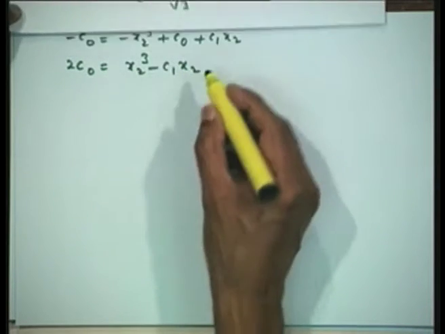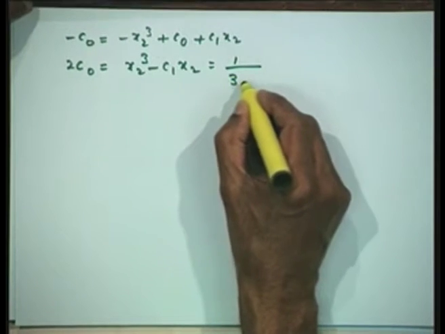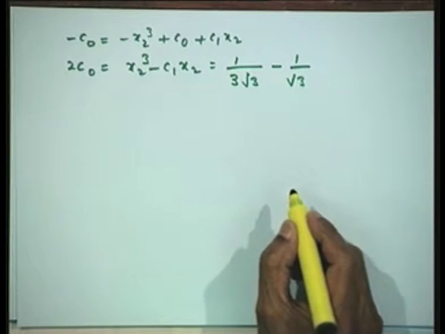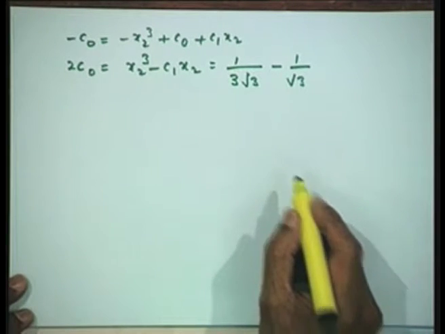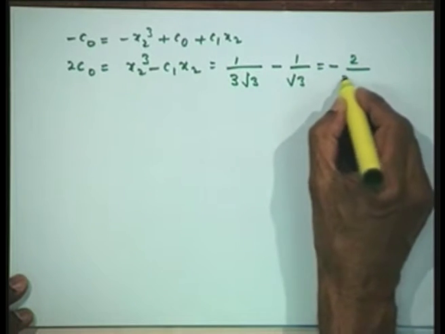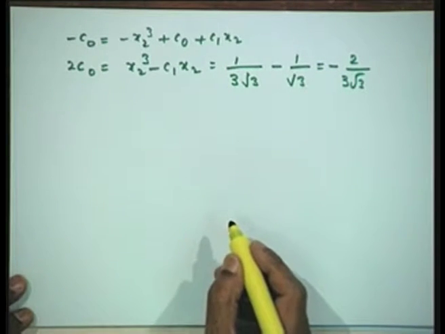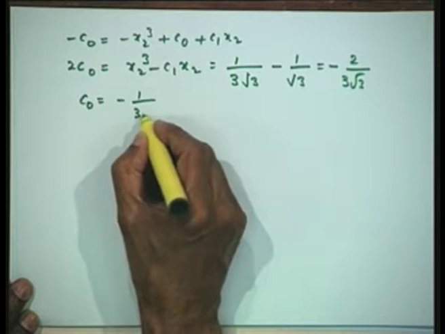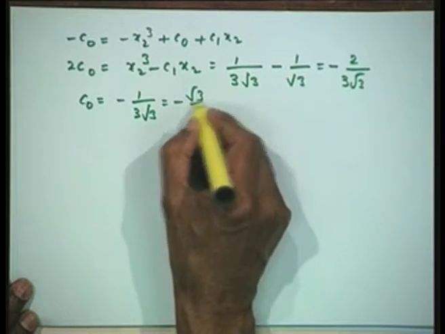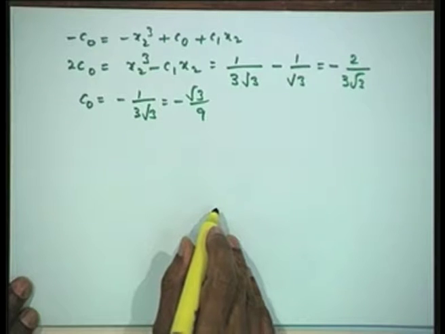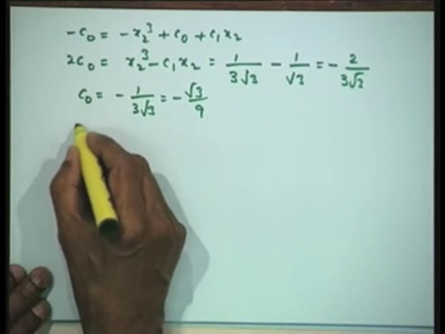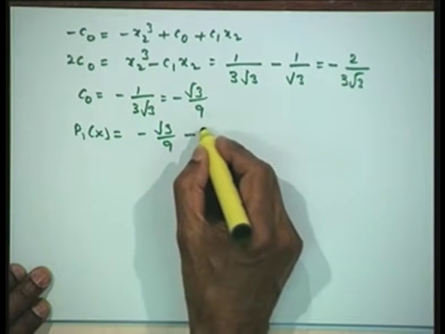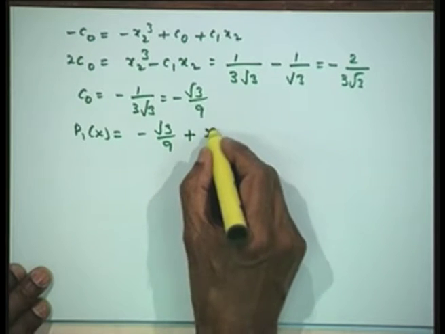And x 2 cubed, let us take the cube of this, that is 1 upon 3 root 3 minus 1 upon root 3, C 1 is equal to 1. Therefore, this is minus 2 upon 3 root 3. Therefore, C naught is equal to minus 1 upon 3 root 3, or we write this as minus root 3 by 9. Therefore, P 1 x, the required polynomial, is minus root 3 by 9 plus C 1 x, that is equal to x.